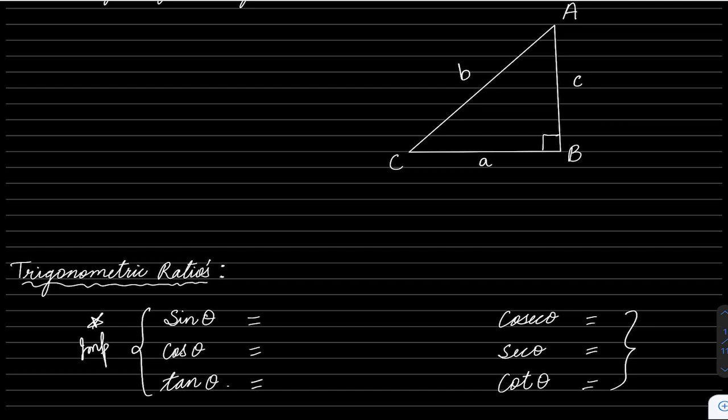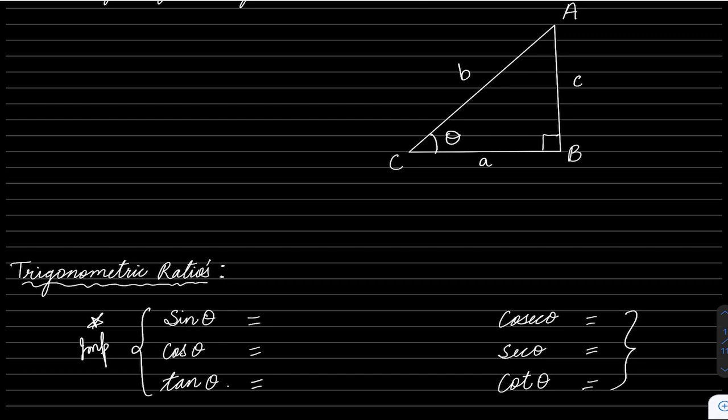Now why are they known as ratios? Because their values are the ratio of two sides of a triangle. So let's see which two sides give us sine theta. Let's say this angle is theta. So I'm taking angle C in right angle triangle ABC as theta.